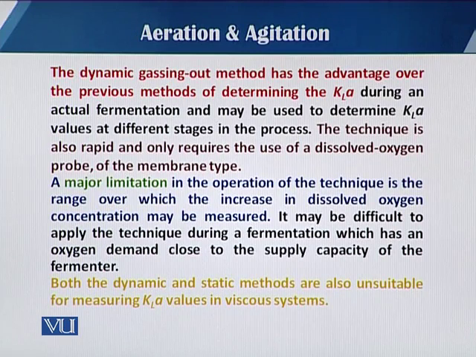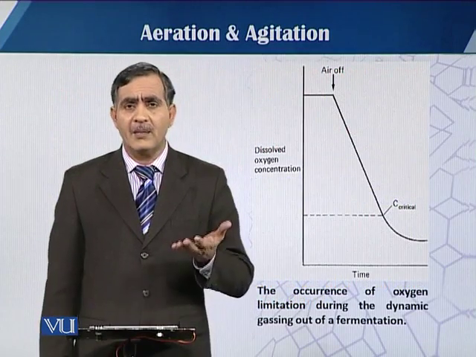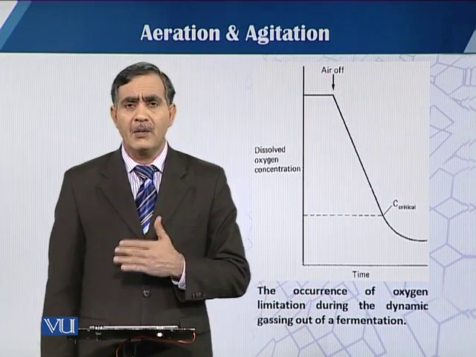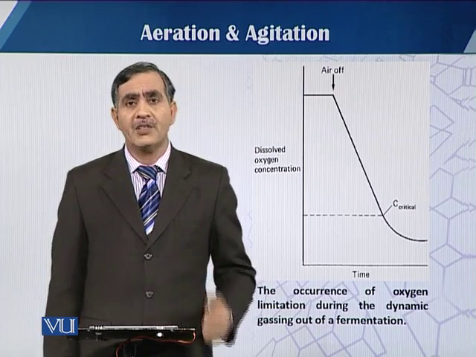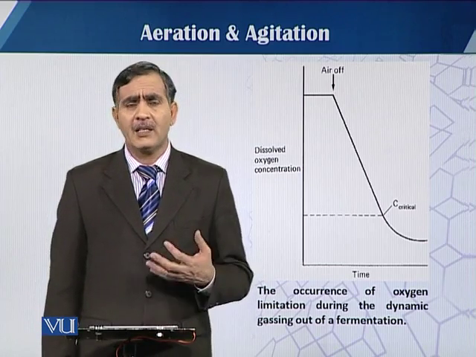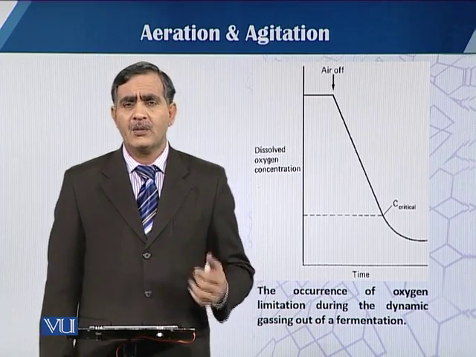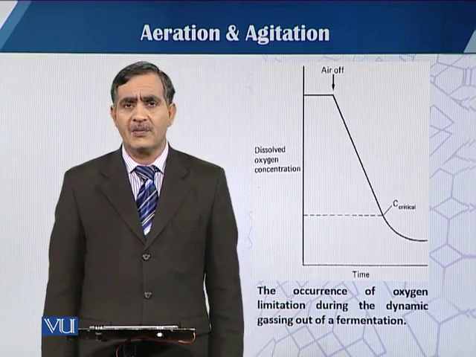As we've seen, both methods have limitations, which are also shown in this graph. When we cut off the aeration, the oxygen goes to a very minimum level, and at that stage there is the critical position, which varies with different conditions. That's why the dynamic method has its own limitation for the estimation of KLa.